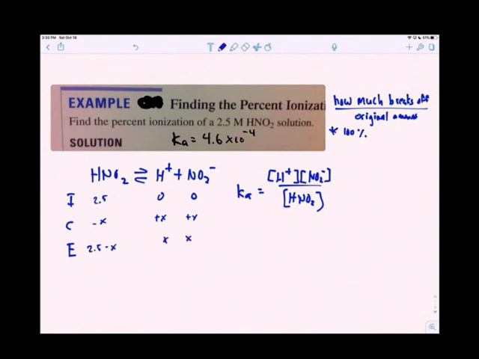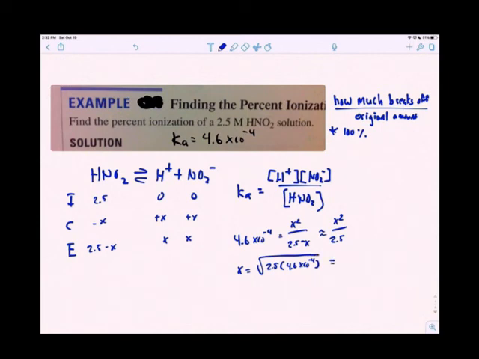Our Ka is equal to hydrogen ion nitrite over nitrous acid, so 4.6 times 10 to the minus 4 equals x squared all over 2.5 minus x. Apply the x is small approximation, x squared over 2.5, and that means x equals the square root of 2.5 times 4.6 times 10 to the minus 4.